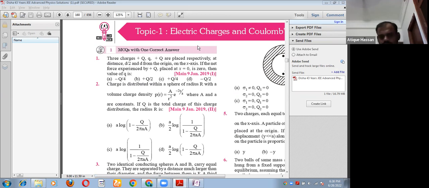So in the question, volume charge density is given, which has a variable value.